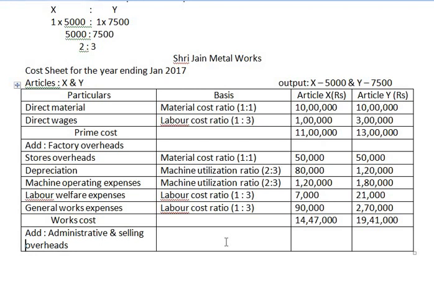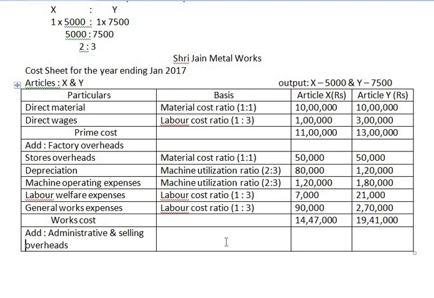Now make a note, write it with pencil. When any suitable ratio is not available, then direct wages ratio should be taken in case of factory overheads.